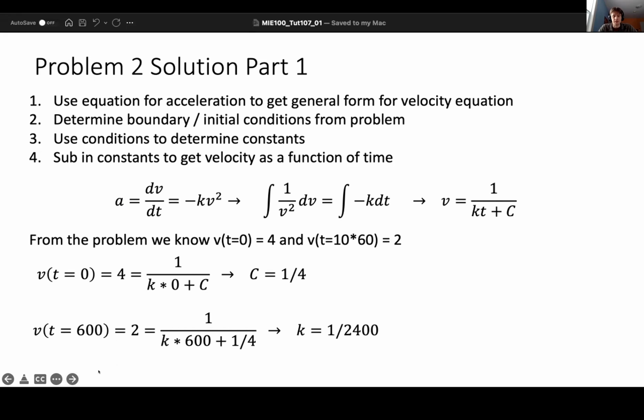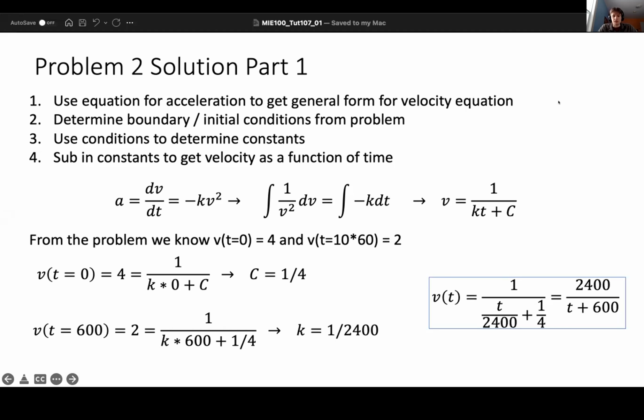We solve for k. We get k is 1 over 2400. And then finally, we sub in the constants to get the velocity as a function of time. This is our final answer for the first part, plus c in the denominator. Depending on how you set up the equation, your c will be different, but you'll work out to the same answer in the end if you've done it right.